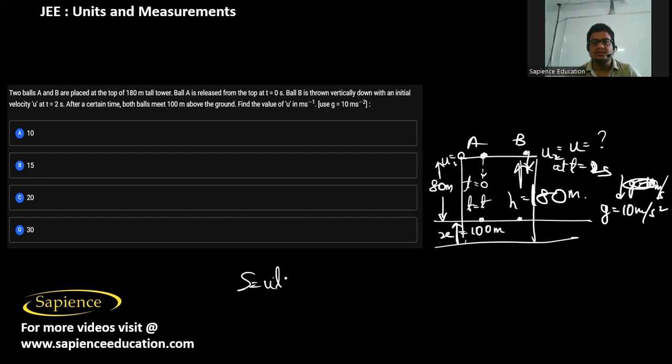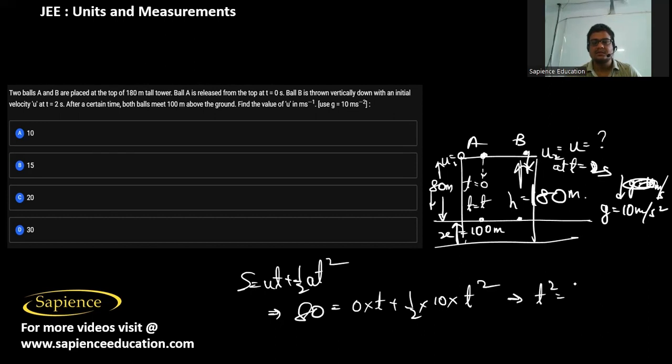So s equal to ut plus half at square. So 80 meter is equal to 0 into t plus half into 10 into t square. So therefore t square is equal to 160 by 10. So t square is 16, so t equal to 4 second. So it means at t equal to 4 second, they will meet.